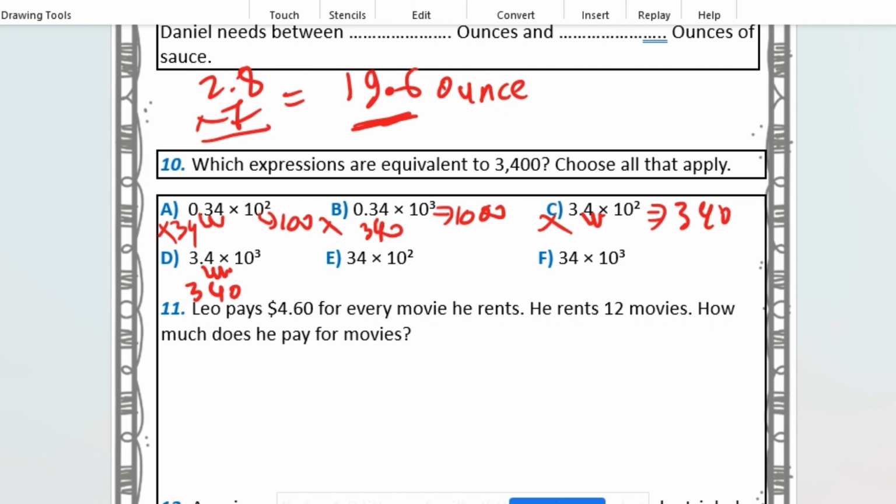This is 3,400, so this is correct. And here this is 2 units, 1, 2. So it's 3,400 as well, so this is also correct. But here this is 34,000, which is incorrect. Okay. So only D and E are correct.